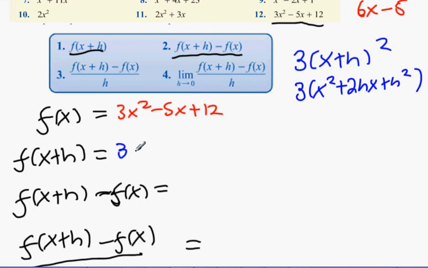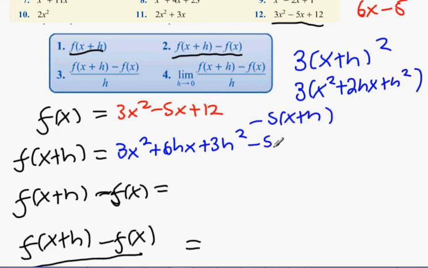It's going to get me 3x squared plus 6hx plus 3h squared. Okay, happy enough with that? And then it's going to be minus 5 into x plus h. What's that going to be? Minus 5x minus 5h, and then the 12 at the end. We can't tidy that up at all.